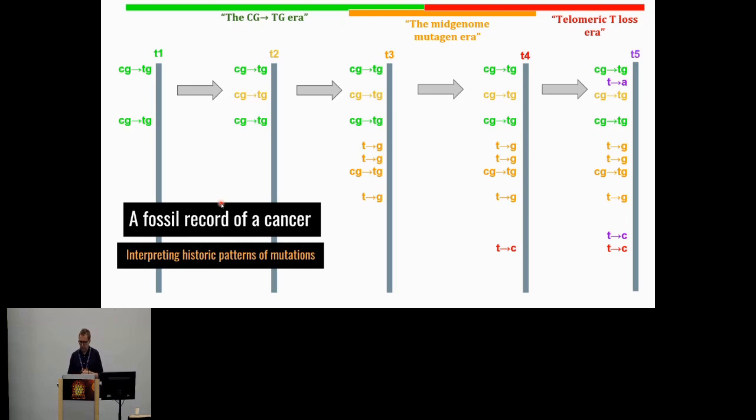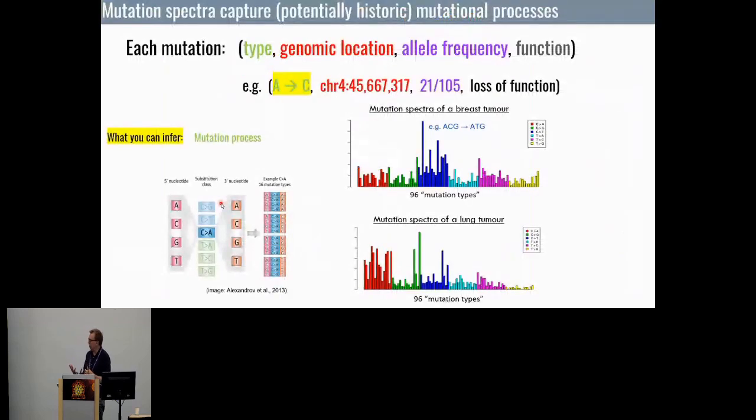Within that context, we think a lot about the type of information you get from single base substitution mutations. Each mutation gives you a type, which is the type of substitution you see, where that mutation is, how common it is in the population, and its function. Mutations that are more common in the population happened earlier.